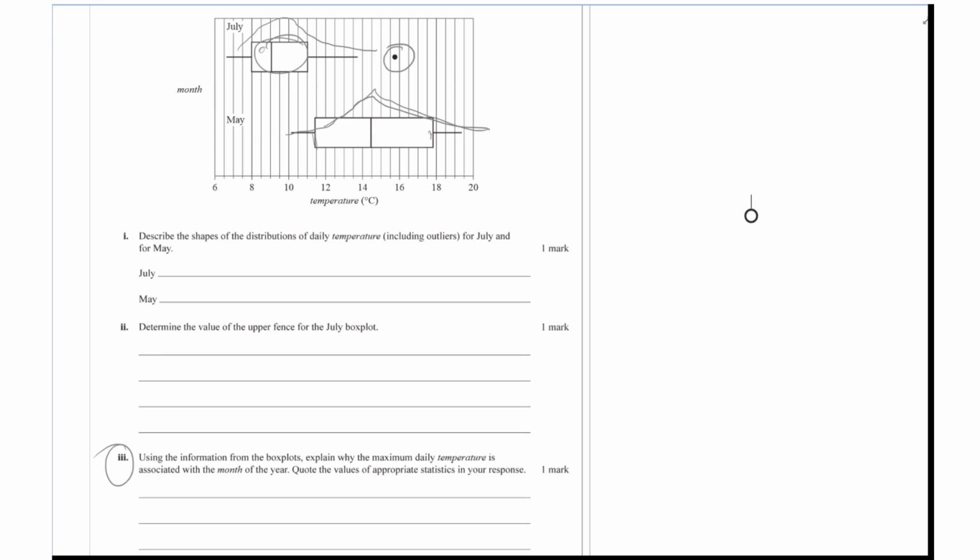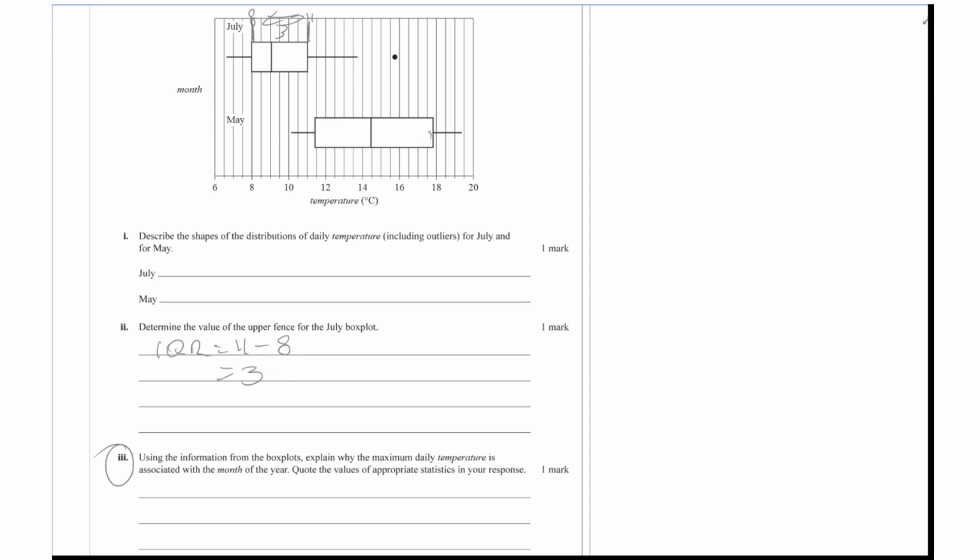Question 2, determine the value of the upper fence plotted for the July box plot. For July, you're looking at your IQR, which goes from 8 to 11, so your IQR is 11 minus 8, giving you 3. Oops, I said that the wrong way.